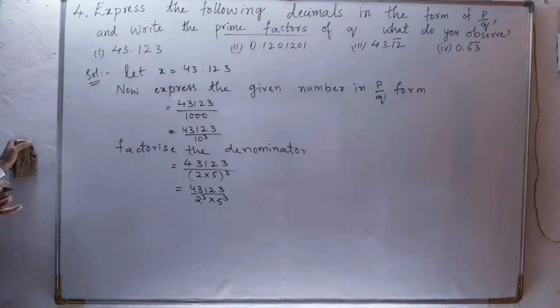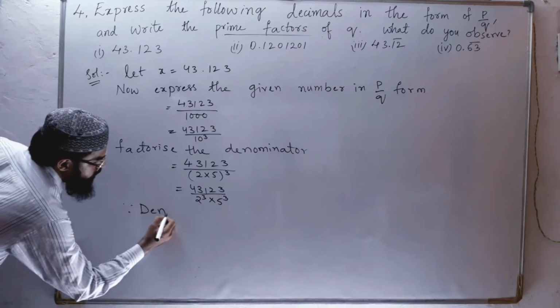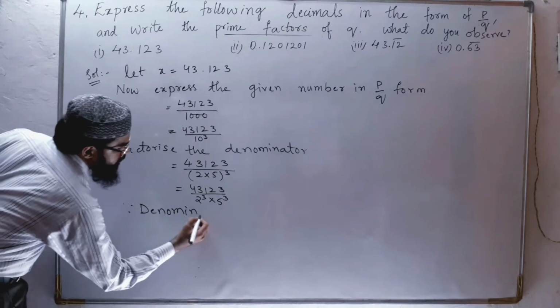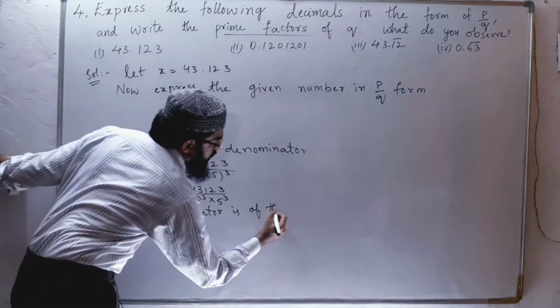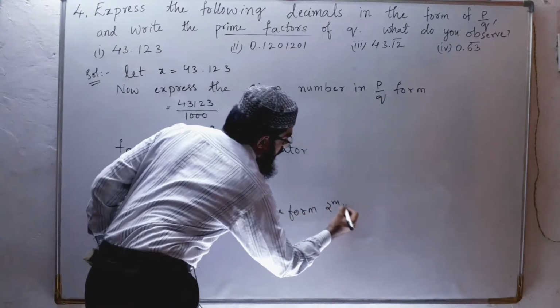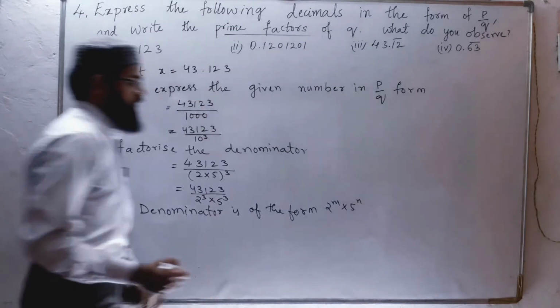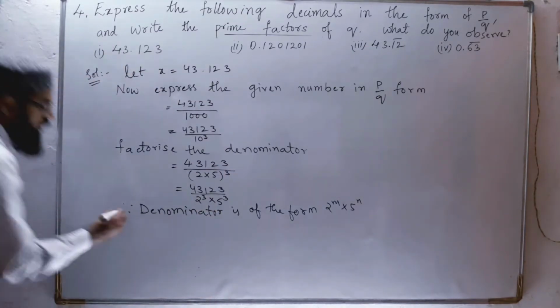Now you can see the denominator is of the form 2 to the power of m into 5 to the power of n.